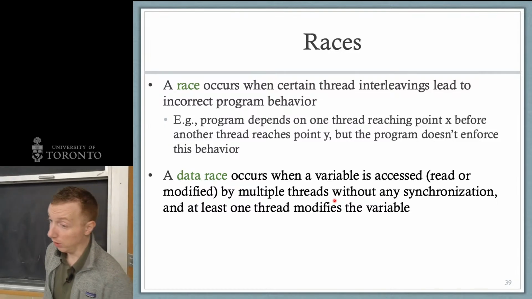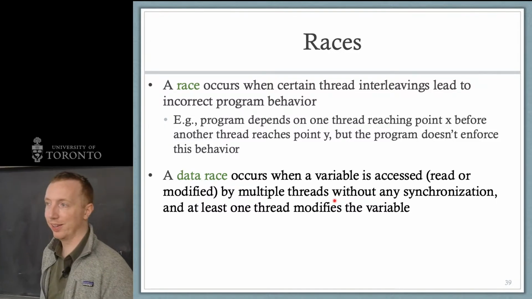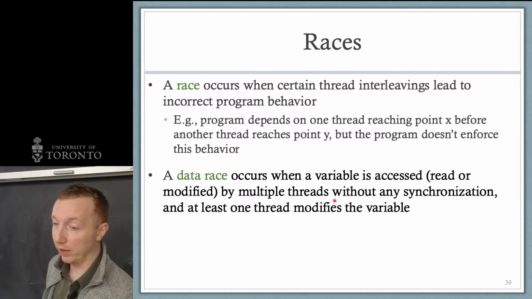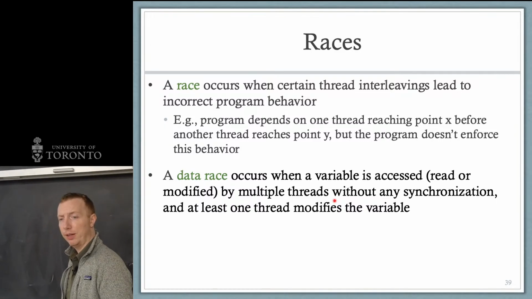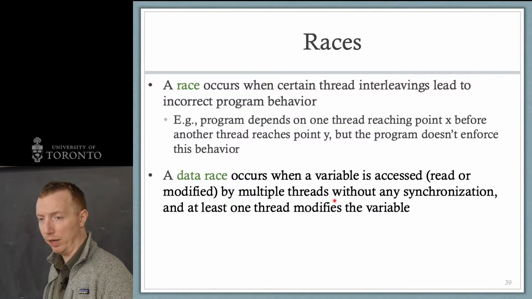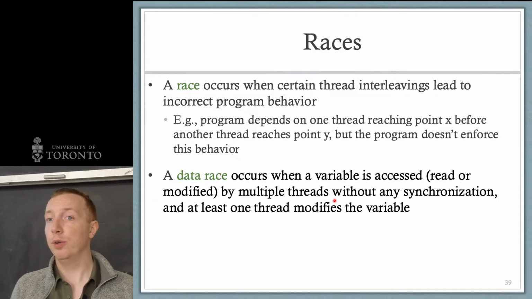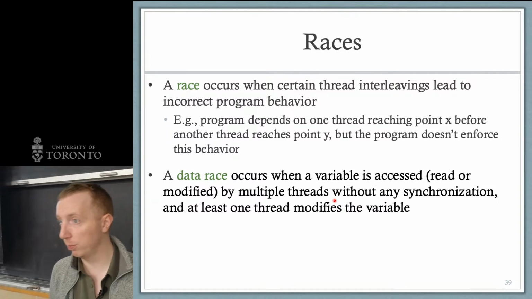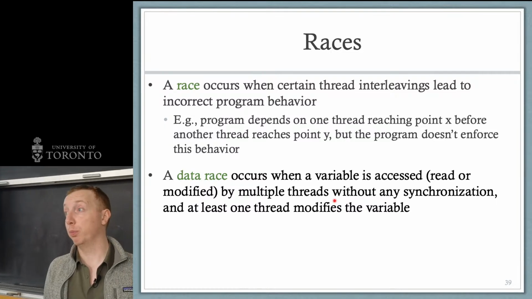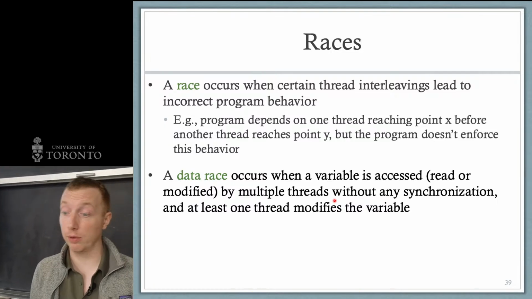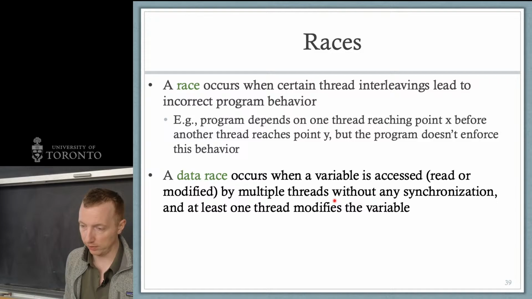So, hey, we finally got to races here. A data race is when certain thread interleavings lead to incorrect program behavior, but I like saying it as: two concurrent accesses to the same memory location with at least one being a write, which means you have to protect the read as well, otherwise you might get inconsistent data.